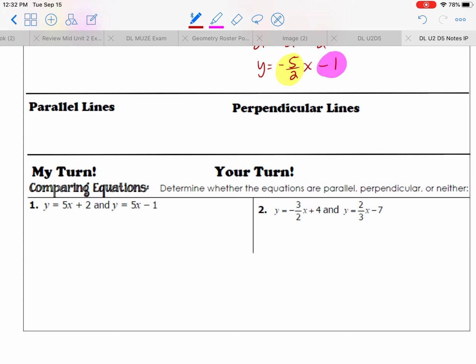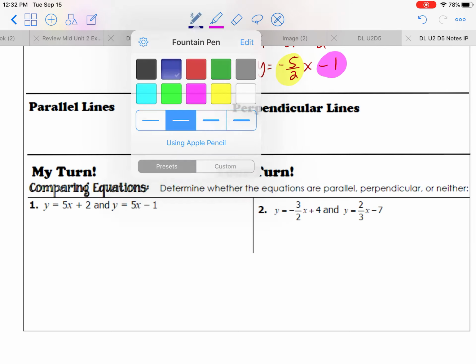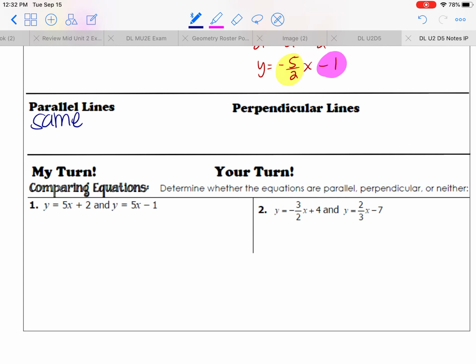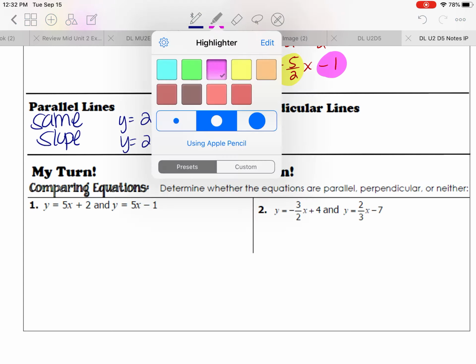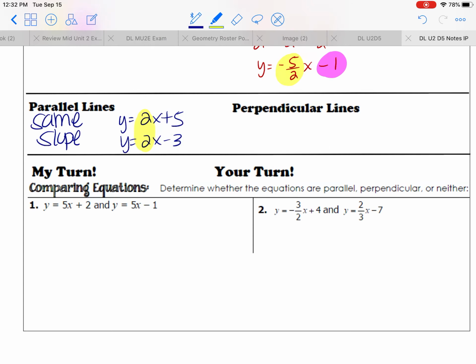So remember, parallel lines and perpendicular lines, this is something that we learned last class. Parallel lines, I just want to remind you, are going to have the same slope. I'm going to give you an example: y equals 2x plus 5 and y equals 2x minus 3. They have the same slope, so these lines are going to be parallel because they have the same steepness.